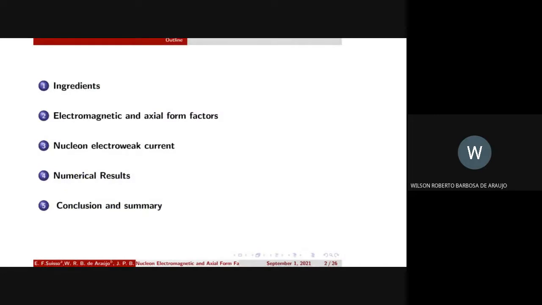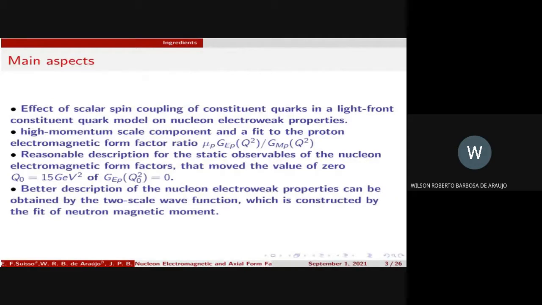The presentation plan is composed of 5 parts: ingredients used in our nucleon model, general considerations about electromagnetic and axial form factors written in terms of light cone coordinates, obtaining the nucleon electron current, numerical results, and conclusion.